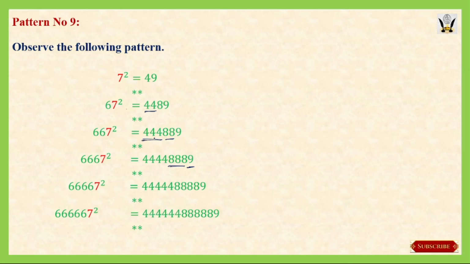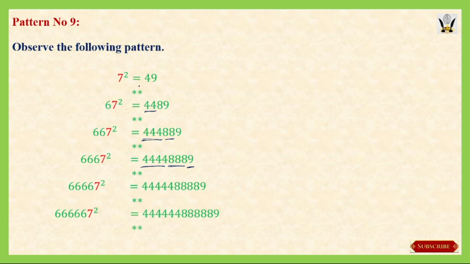In the previous square we had 3 fours, so now we will have 4 fours. This way we will continue, provided the number has 7 in the units place, and as we increase the number of digits, at the tens, hundreds or thousands place it will always be 6.